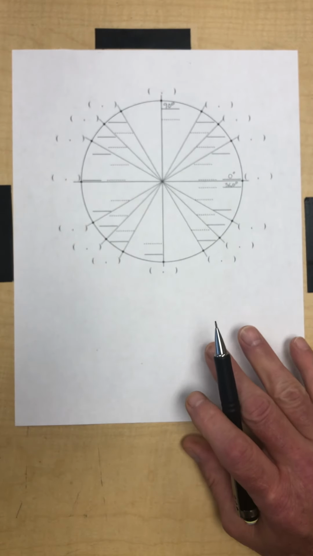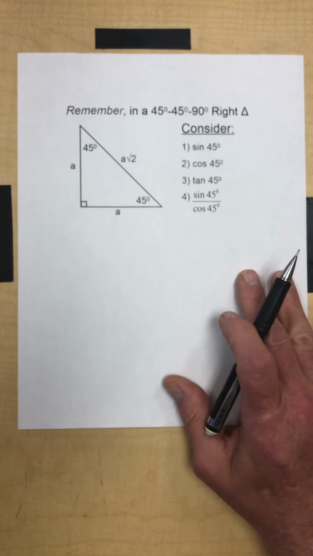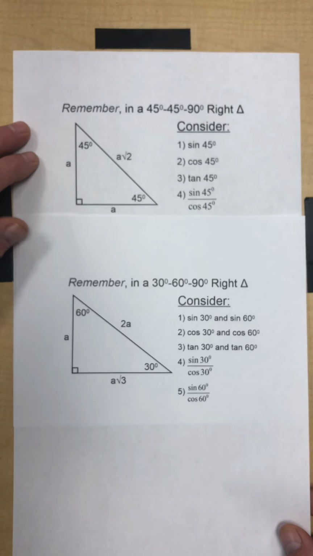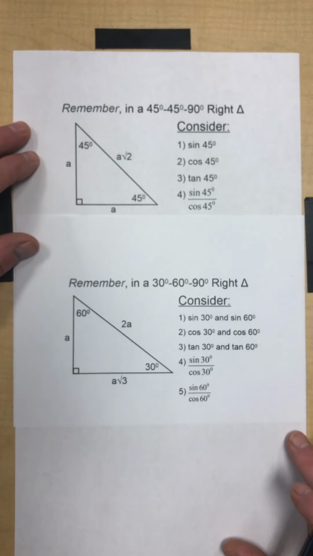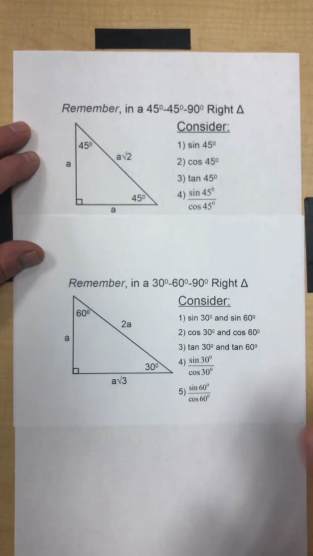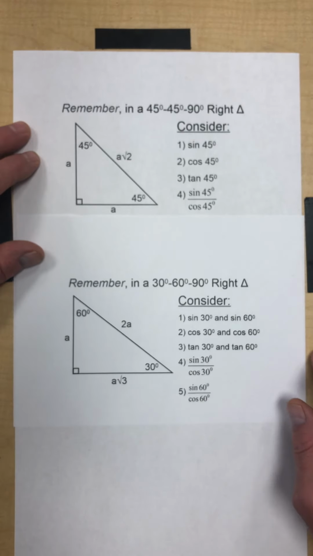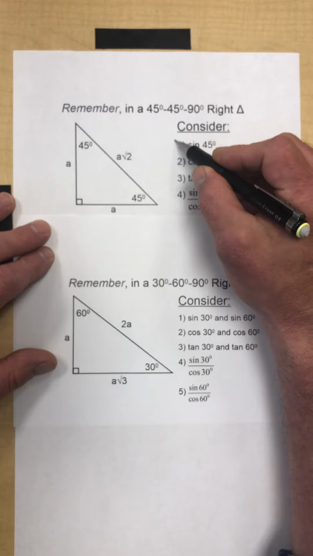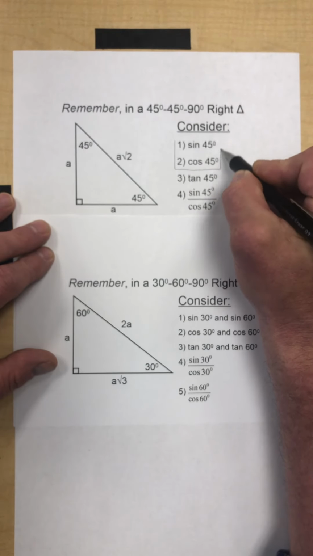Okay, now everything in the unit circle is based on our special right triangles, our 45, 45, 90 and our 30, 60, 90. I know we did this earlier in the year, but some of you probably need to be reminded of it. Now all we're worried about is sine and cosine here.